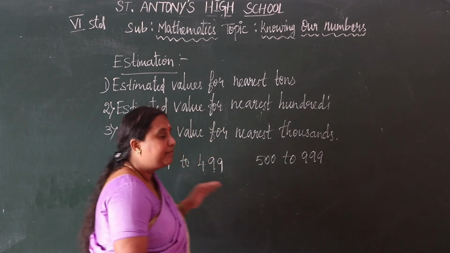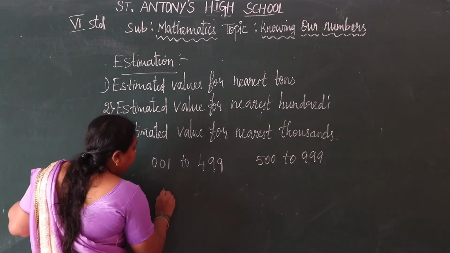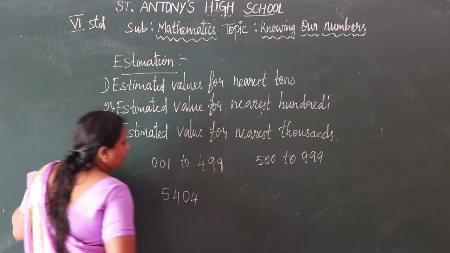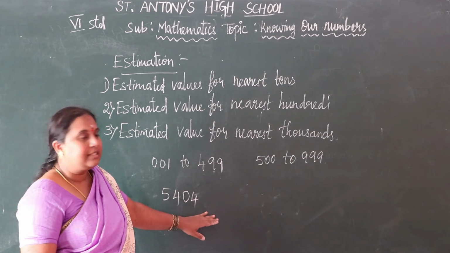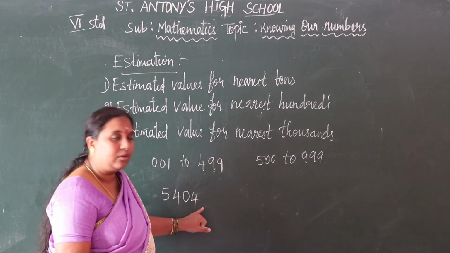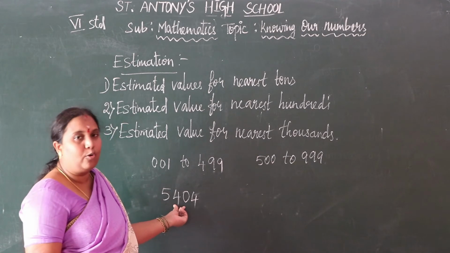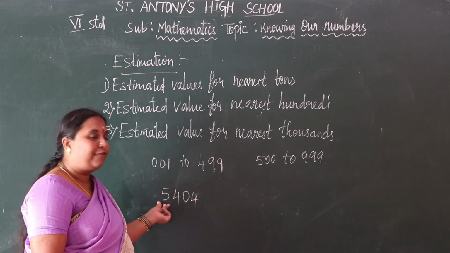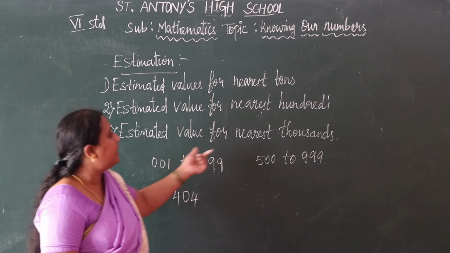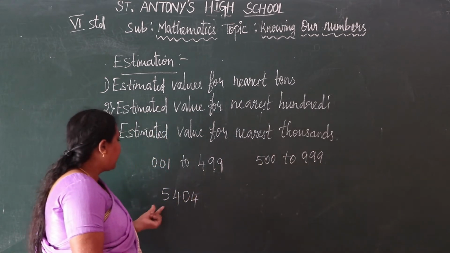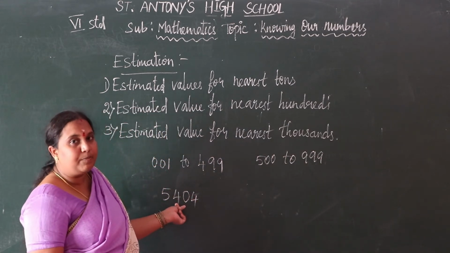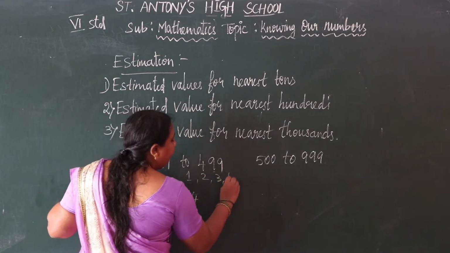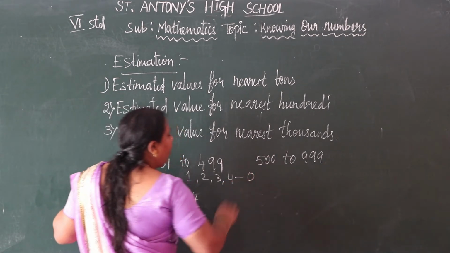Let us see one example, 5404. Here we have 404. In the hundreds place we have 4. We are considering the hundreds place for the nearest thousands. In the hundreds place, if 1, 2, 3 and 4 come, it is rounded off to 0 as it is.